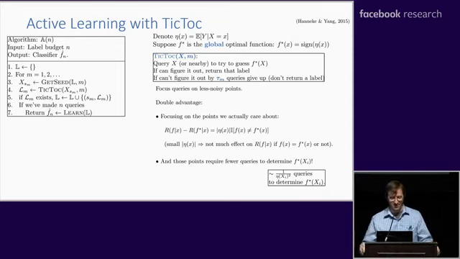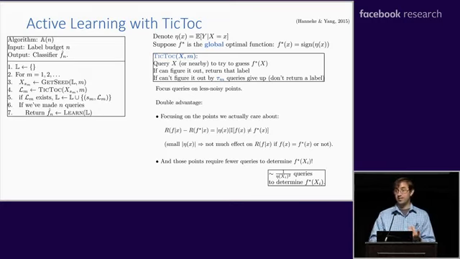That's the acronym. Just the labels that TICK-TOCK returns. Okay, so if we think about what's the effect of that, the ones that we don't return are the ones where it's hard to figure out whether it's above 0 or below 0. Those are the very noisy points. So this is essentially biasing our queries toward less noisy points. And this has a double advantage.